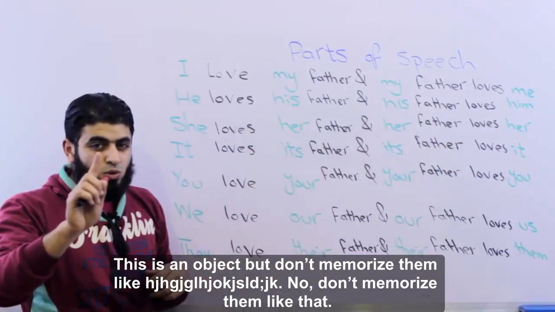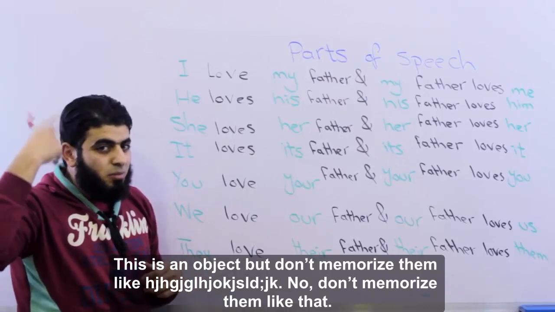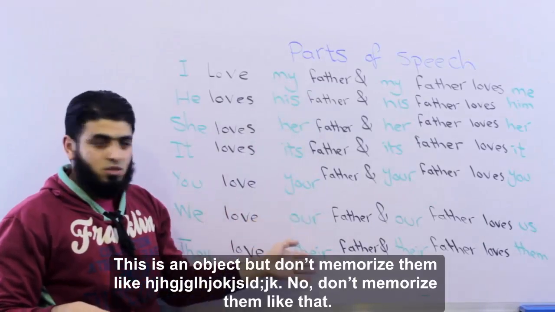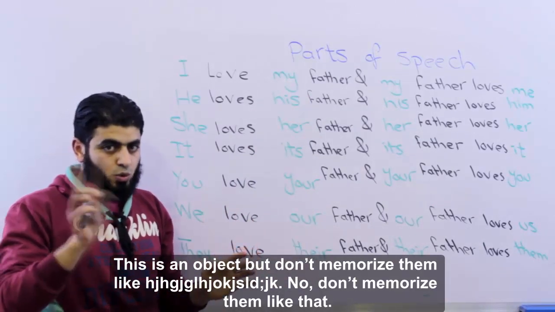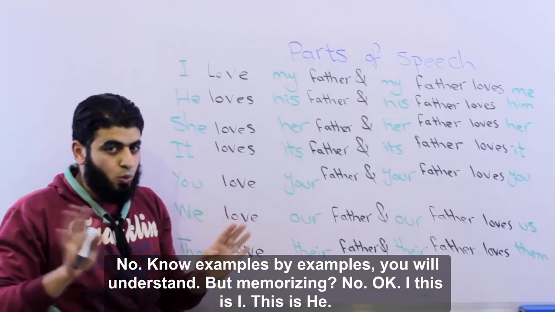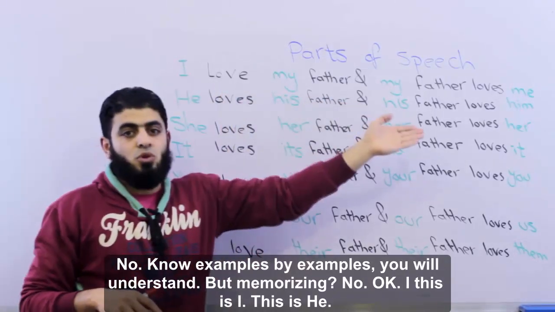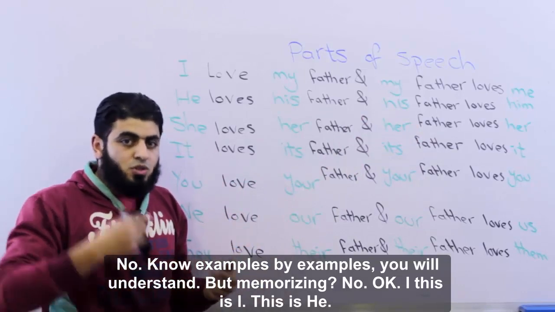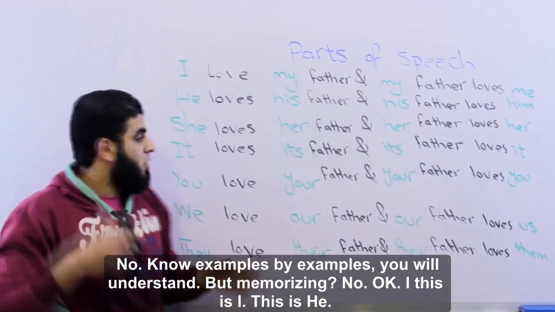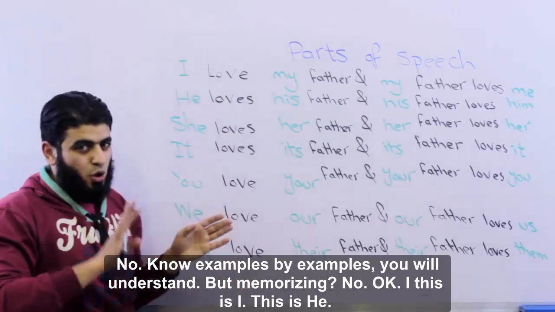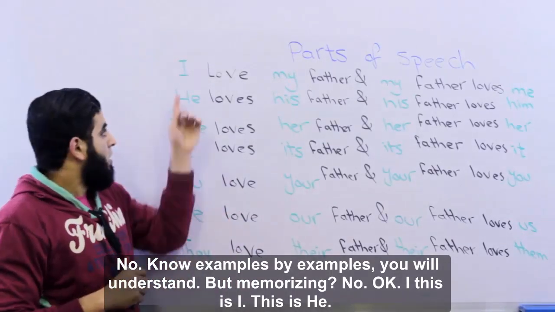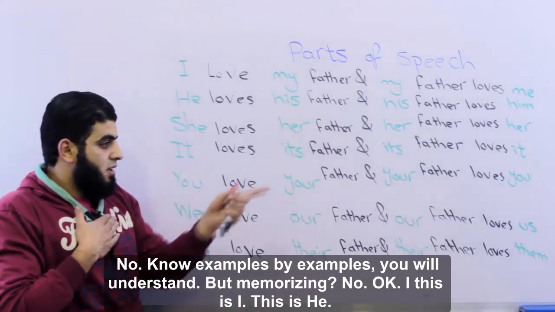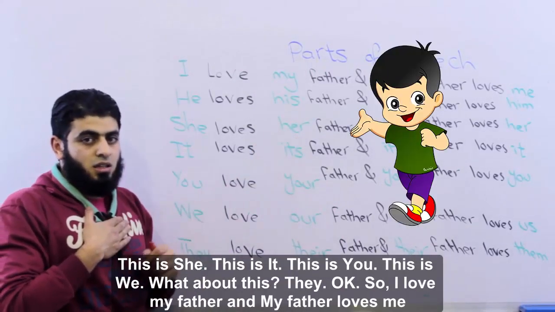But don't memorize them like I, he, she, it, you, we, they, my, his, her, its, your, our, their. No. Don't memorize them like that. No. Examples. By examples you will understand. But memorizing? No. Okay. This is I. This is he.